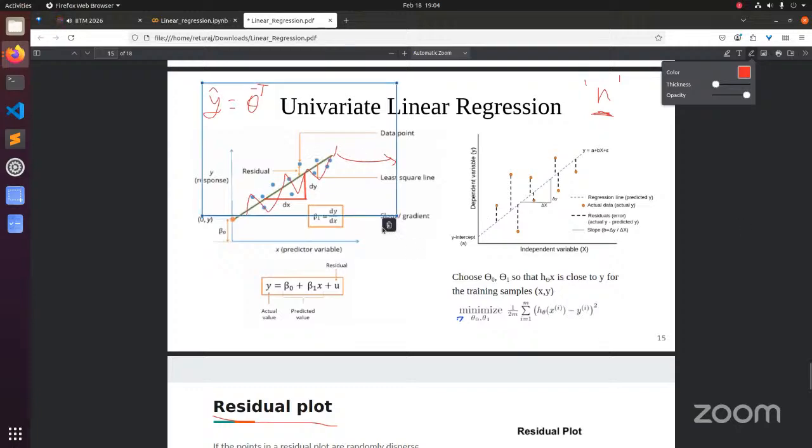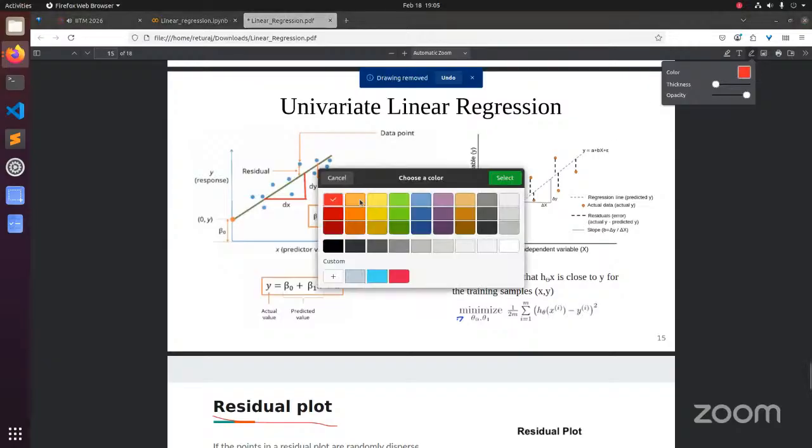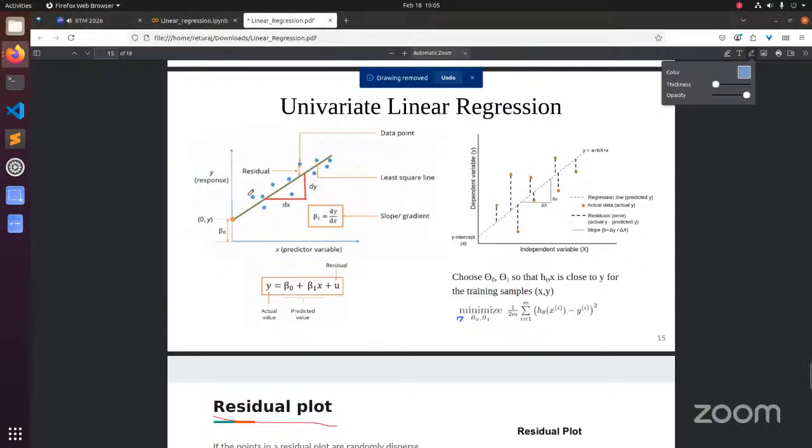Let me delete everything and choose a different color. Blue. So all these blue data points came from this blue line that I have drawn.